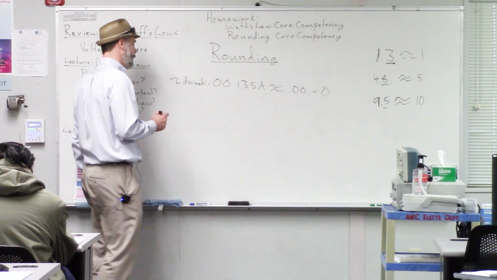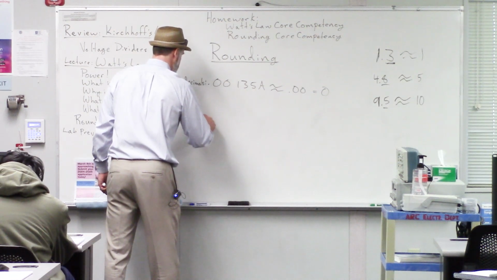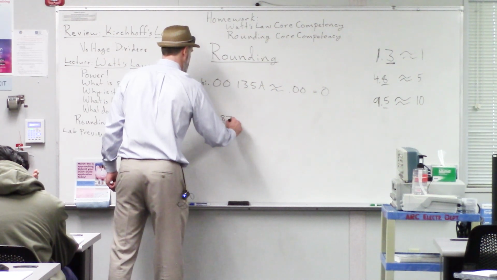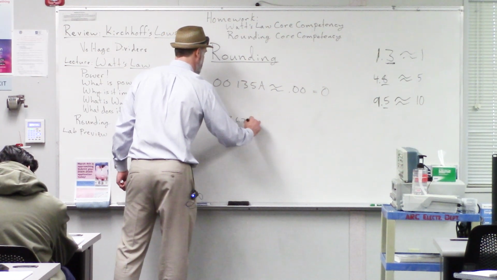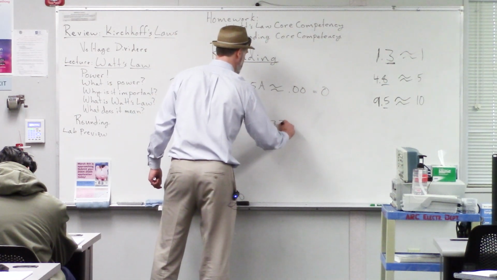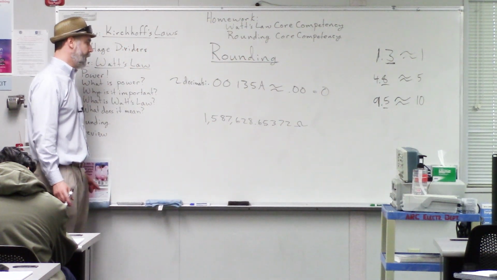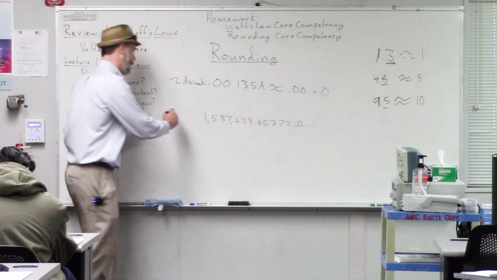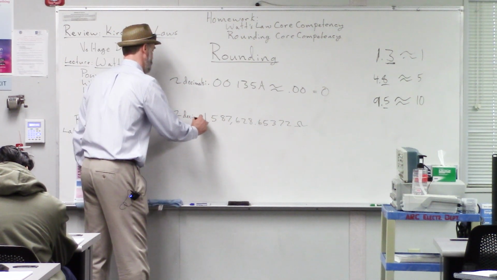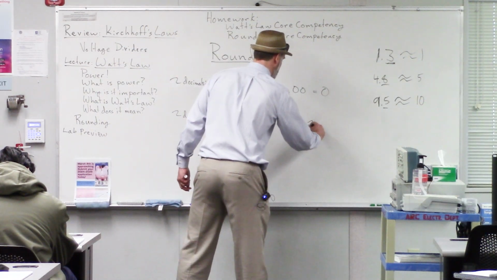But now imagine you had a really big number. So imagine you had a number that was like 1,587,628.65372 ohms, okay? If you kept 2 decimals with that, then you'd have to keep all of this information.